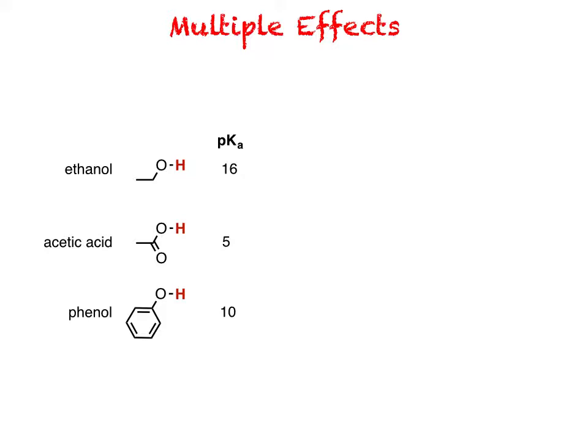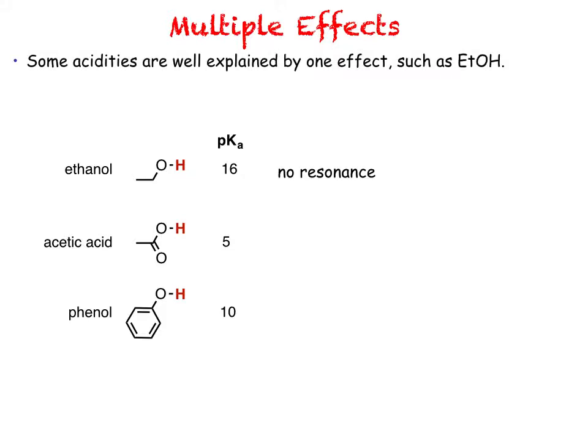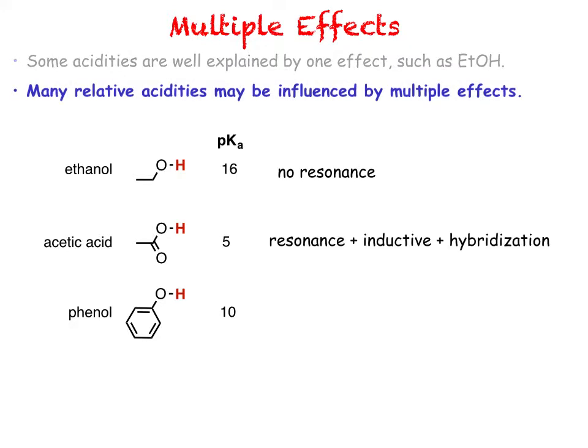Typically, things are not as simple as we often talk about in organic chemistry. Things are much more complex, even for simple molecules. And so for ethanol, the acidity is well explained by one effect, for example, the element effect.